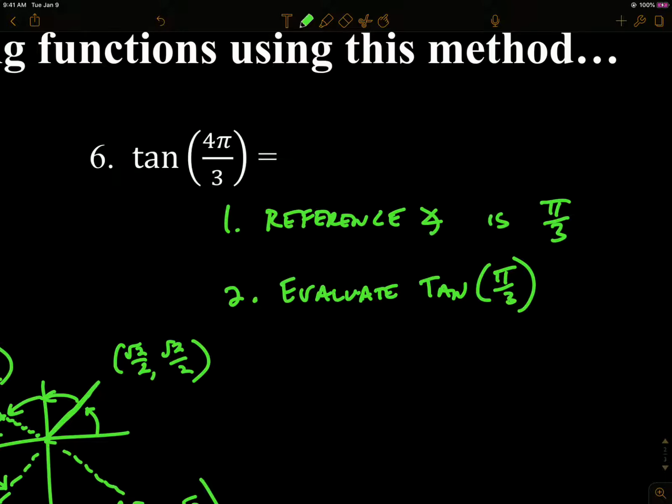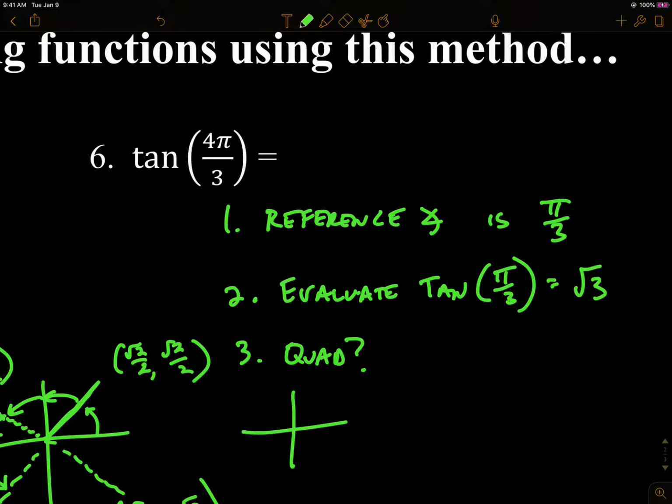Reference angle means quad 1. Now you can try to think through that, or if you have that chart we just did memorized, pi over 3 was our 60-degree angle, and tangent was root 3 after we did all our rationalization or whatever we needed to do. All right? Now I want to check what quadrant our original angle is in to decide if that's going to be negative or positive.